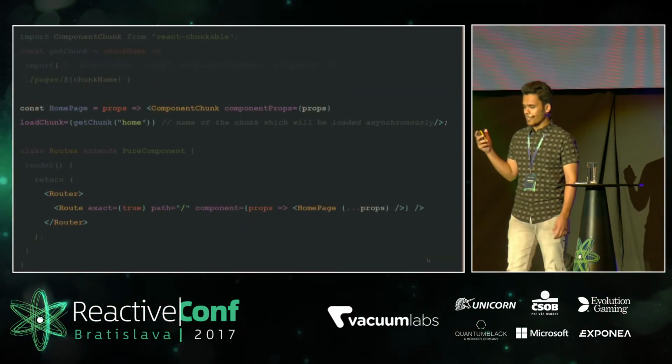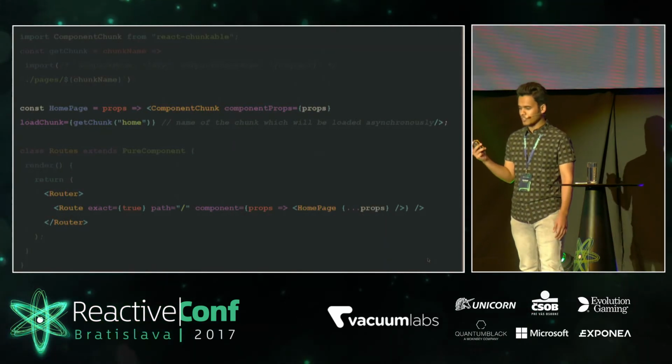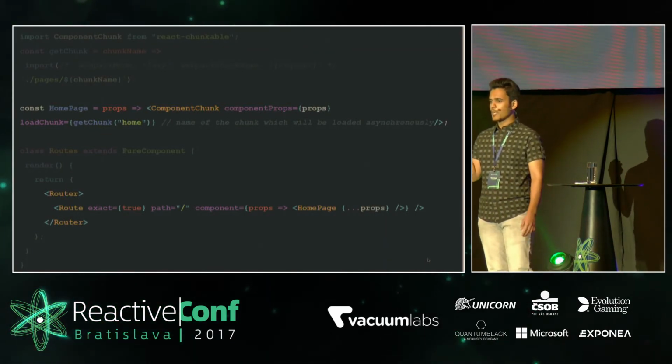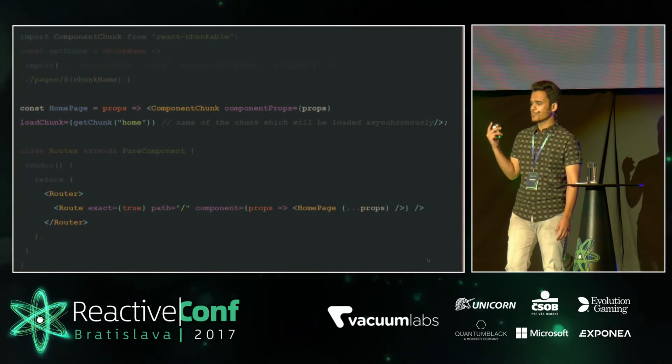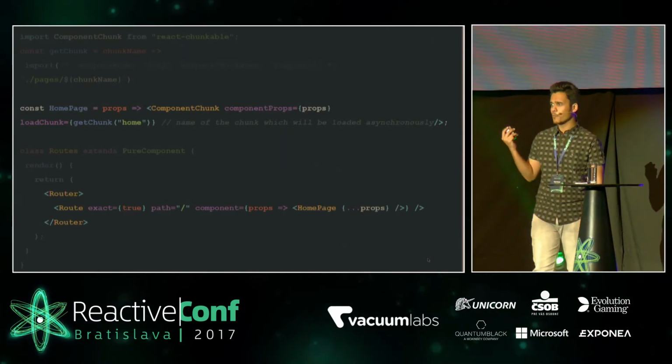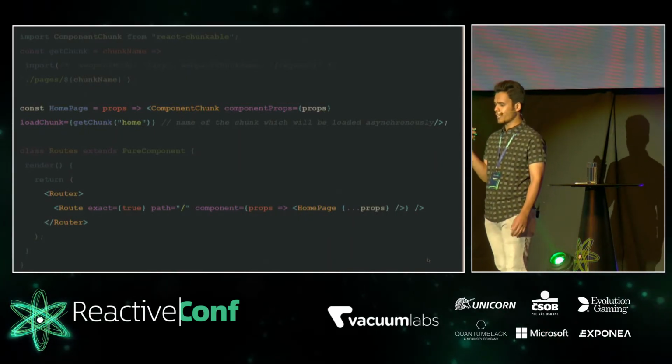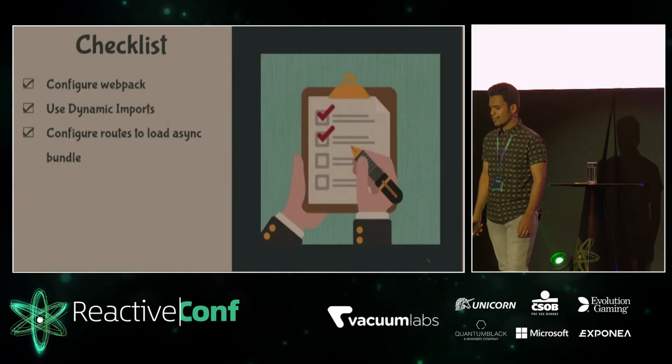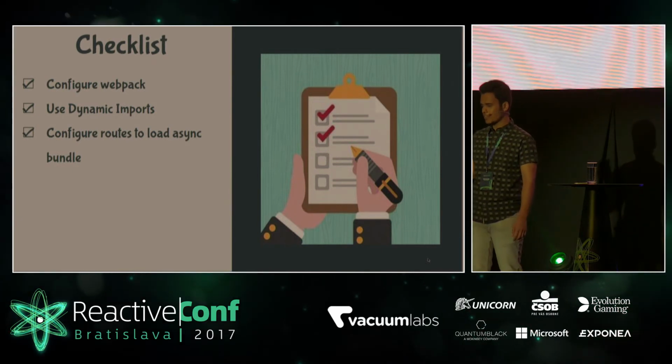Then this is the function which actually uses component chunks. It has two properties: the component props, which are used by the routes at runtime, and the module name, which is to be loaded asynchronously. So here we are done with all the 3 points.